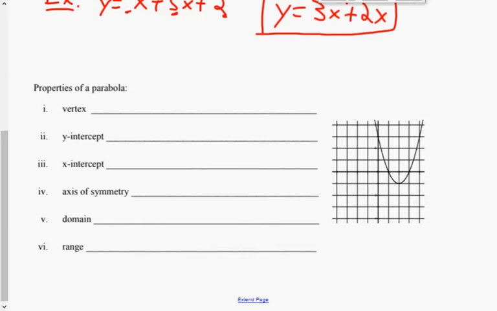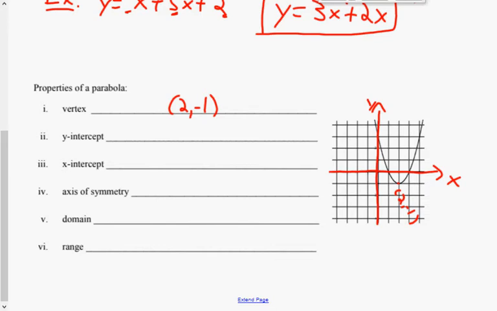So let's look at this guy here. You can't really tell with this, but here's the x-intercept. That's the y-intercept, or the y-axis and the x-axis. Okay. So with this one here, if we were just looking at the graph and we wanted to come up with a few things, we could just by looking at it. Like here's my vertex here, and that's at 1 down and 2 over, so that's at 2, -1.